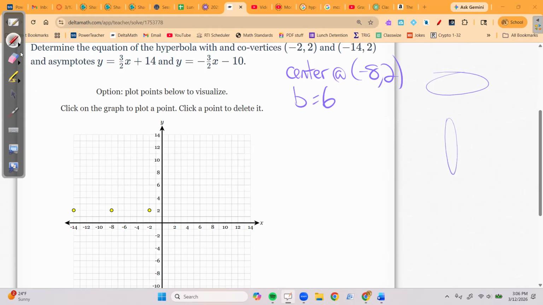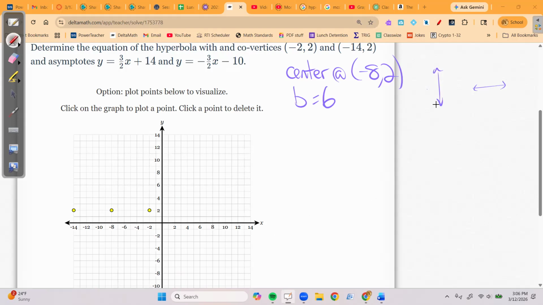With hyperbolas, because I don't like drawing them, I cheat a little bit and say it's either this or this. That's my shorthand notation to keep track of pointy up-down or pointy left-right. And like Zach pointed out, this one for sure is an up-down hyperbola, because if the co-vertices are left-right, the vertices are up-down.